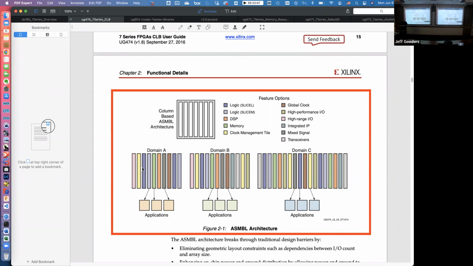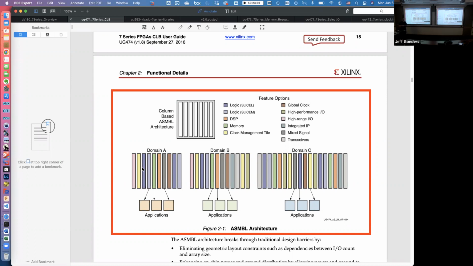The entire column will be the LUT flip-flop tiles, or the entire column will be memories, or these DSP arithmetic units, or the entire column will be the interconnect channels. Remember, Dr. Gaudes drew wires going up and down in between the logic elements. That's called an interconnect tile, and the entire column will be those.